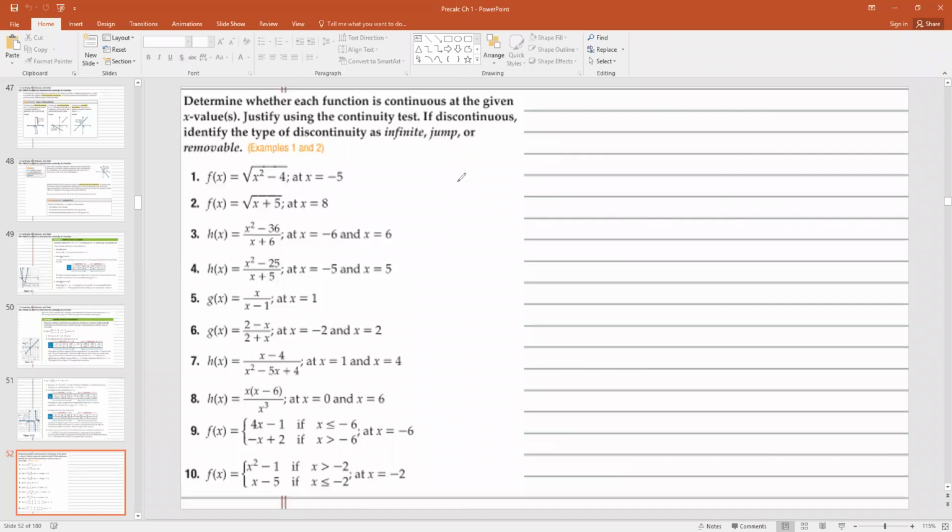So let's do this. I'll try number four, and if you want to try three, try three. I'm going to try four and see where it takes me.